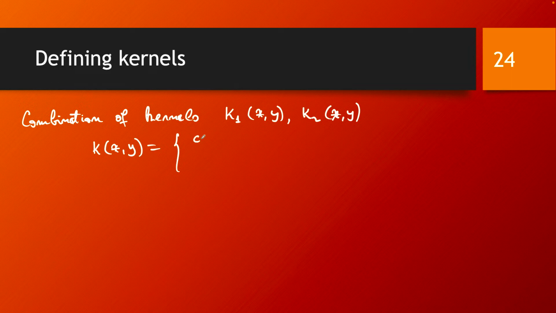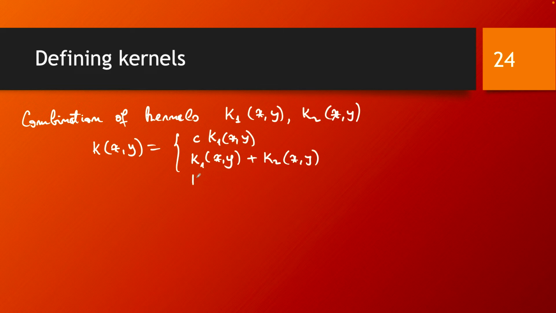You can have a constant times one of the kernels. This is going to give you a valid kernel. Or you can do the sum of the two kernels. That's also going to give us a valid kernel.